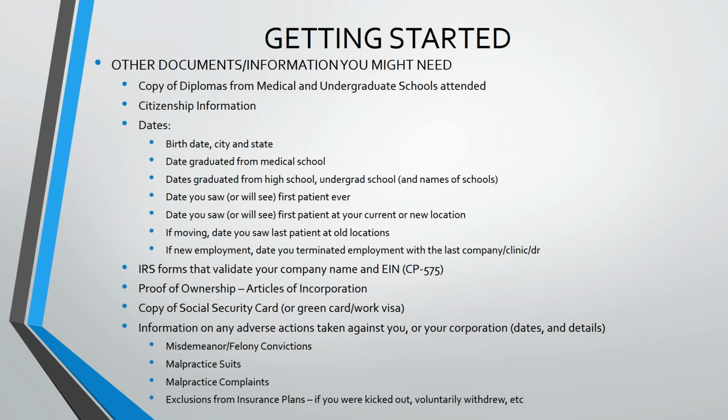If this is a new employment, the date you terminated employment with the last company that you worked for. So all of these dates are going to be very important to provide to the credentialing person who's handling the credentialing on your behalf.